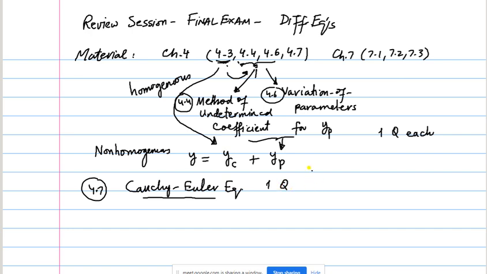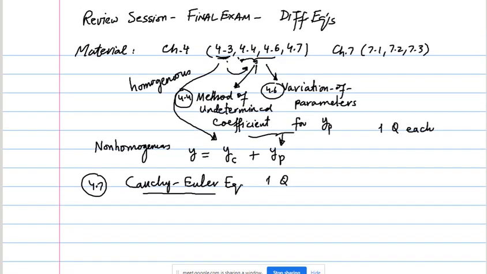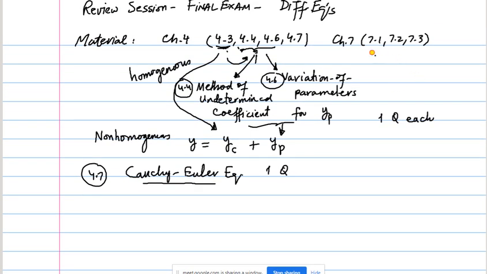I can review that for you, and then two questions from chapter 7. Okay, so you will have a total of 5 questions in your exam: 2 from 4.4 and 4.6, 2 from chapter 7, and 1 from section 4.7.